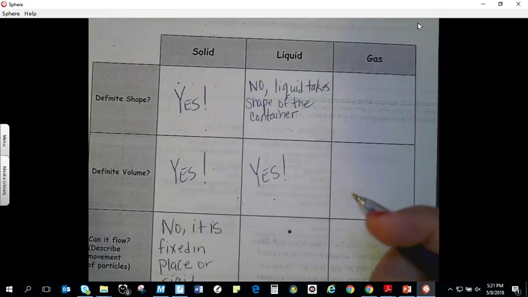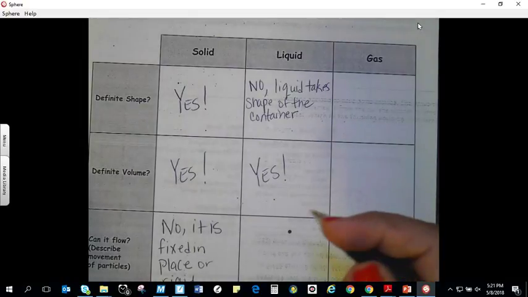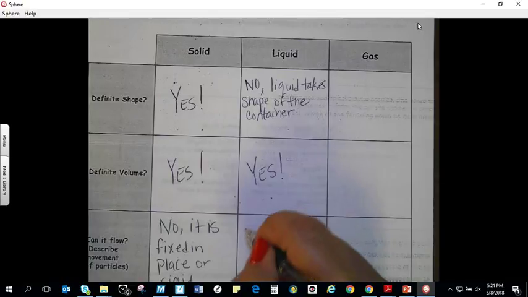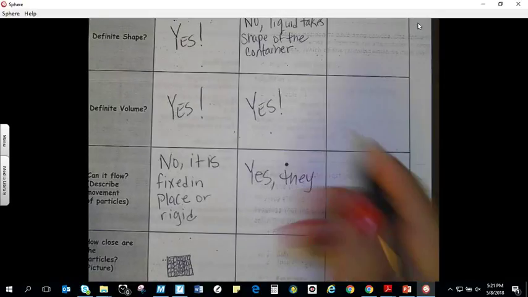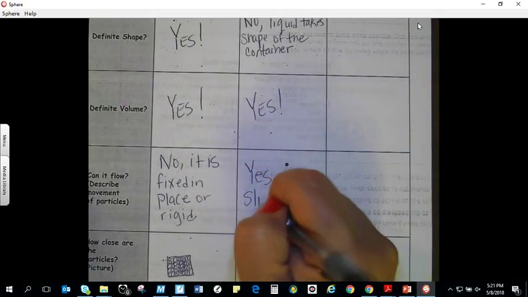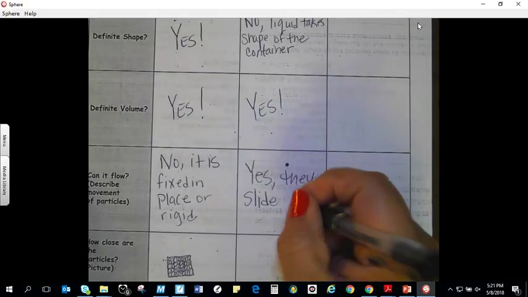Can it flow? Yes. They slide past each other, so those molecules can flow. They slide or move past each other.